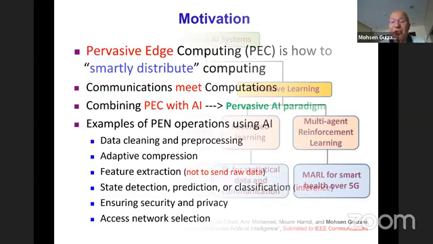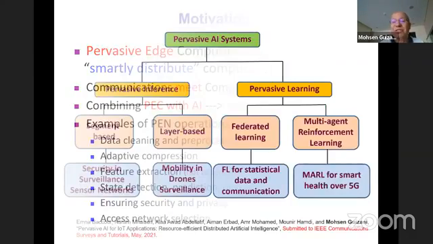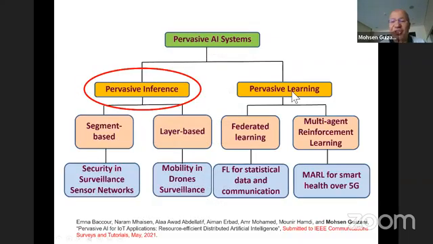So pervasive computing is divided into two different types. One type is called pervasive inference, and the other is pervasive learning, as shown in this diagram.